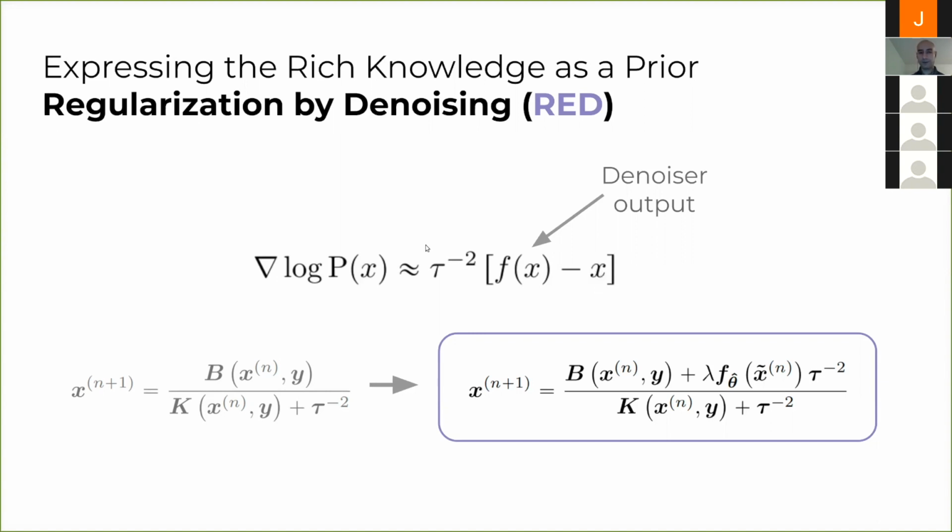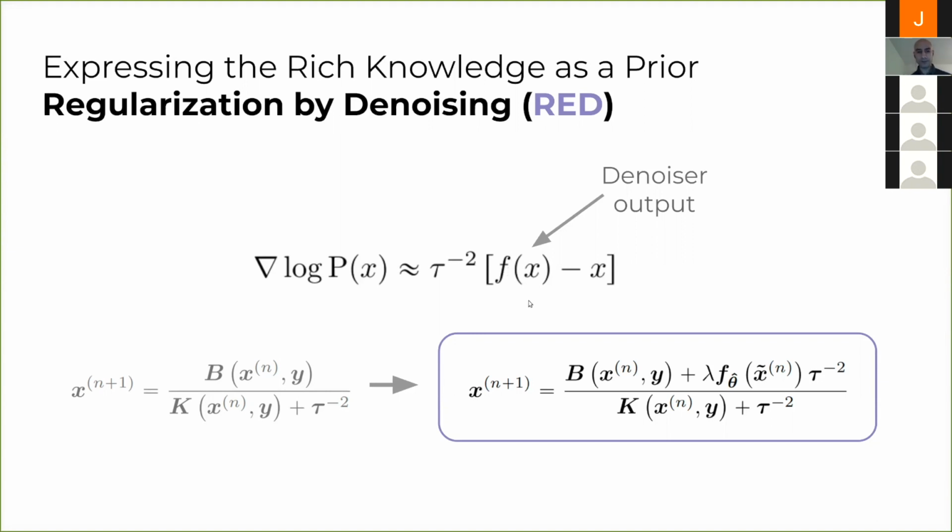So this is basically the weight decay, the exponential prior, what came out of the exponential prior after we apply the gradient to it. And then it gets very slightly modified with the output of the denoiser.